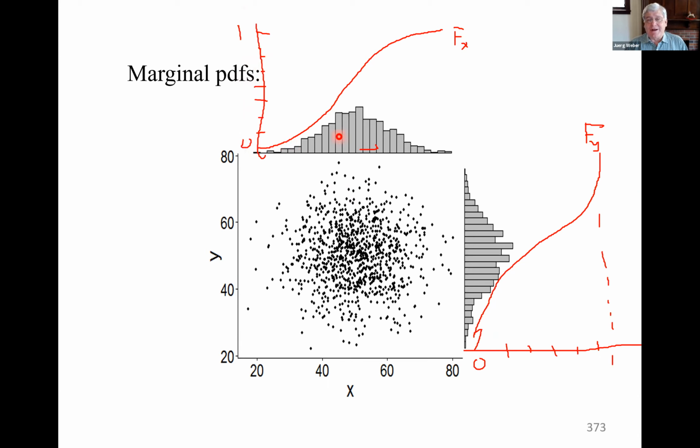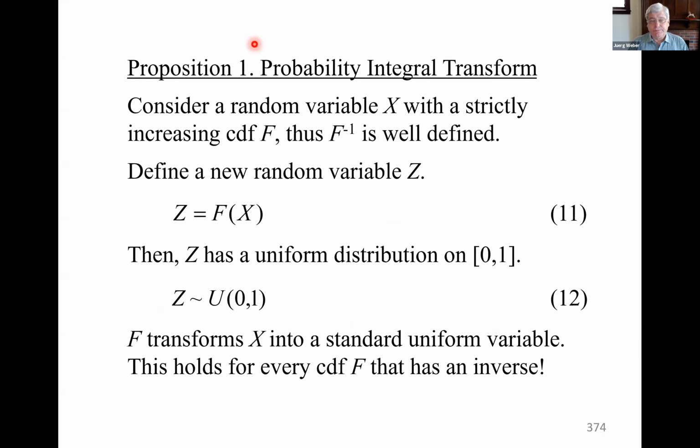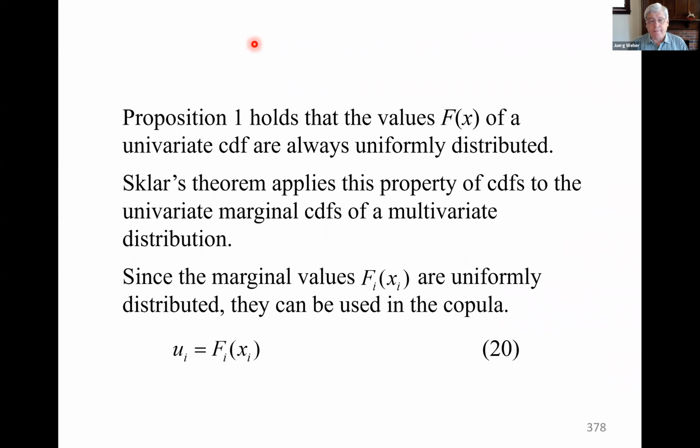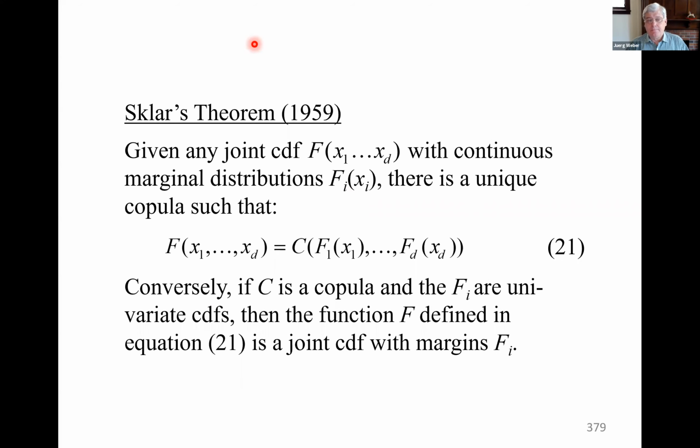Not those values here, but if you go to the CDFs, then you have uniform values. So you have a unique copula. So you can express any joint distribution function as a copula of its uniformly distributed marginal CDFs.